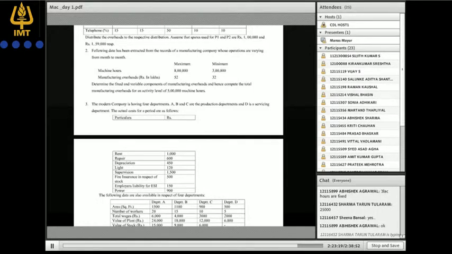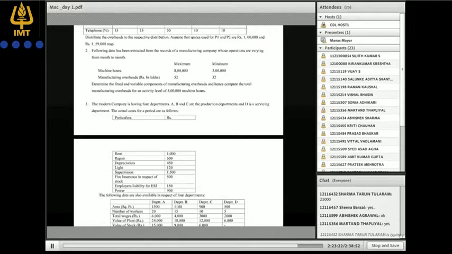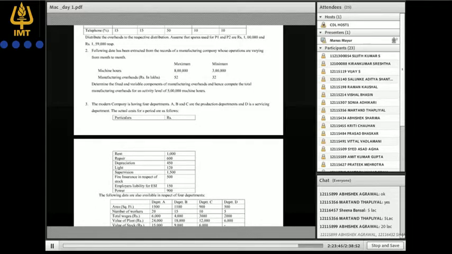So how much is the manufacturing overhead changing from 3 lakh hour to 8 lakh hour? It is 20 lakh, right? So the change in total variable cost is 20 lakh, and the change in machine hour is 5 lakh machine hours. So for 5 lakh machine hours, the variable cost is 20 lakh.